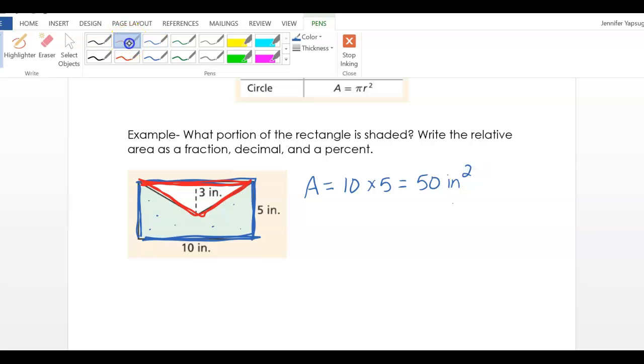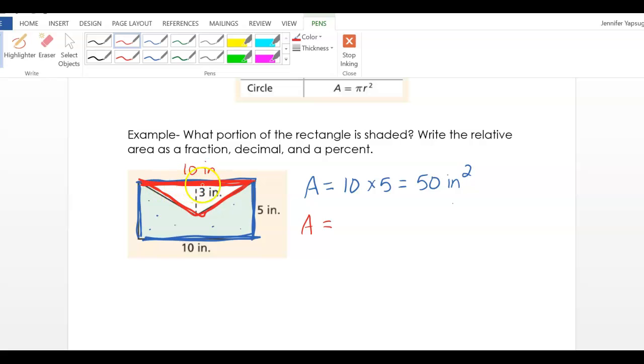Now let's take a look at that red triangle that we outlined. The area of a triangle is the base times the height divided by 2. I need to find my base, so this side right here would be my base. Looking at my rectangle, I see that this side is 10 inches, so therefore this also needs to be 10 inches.